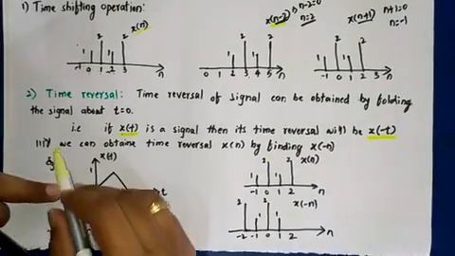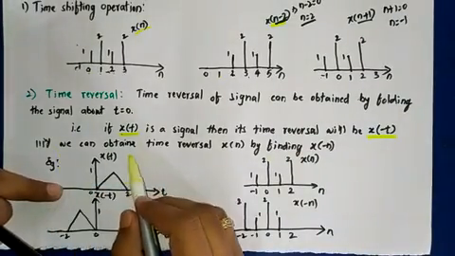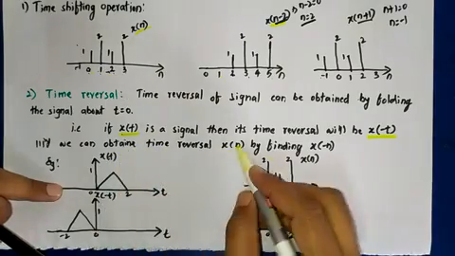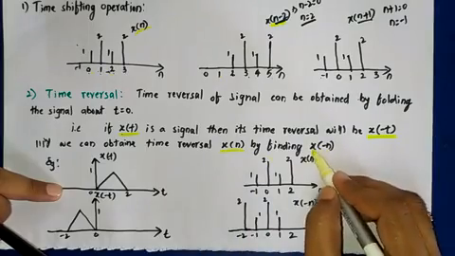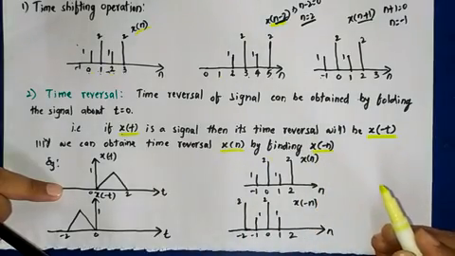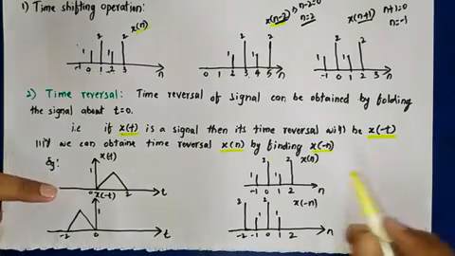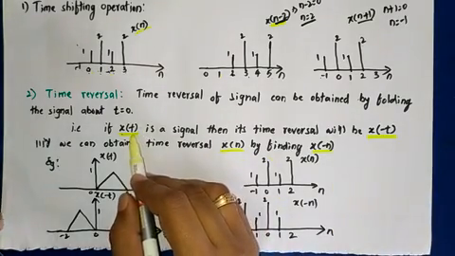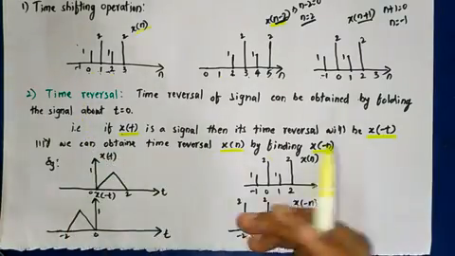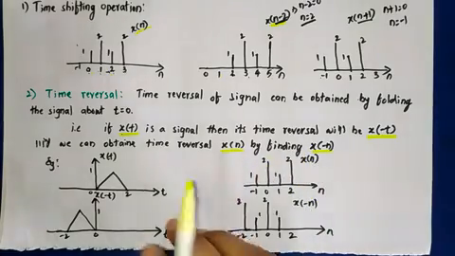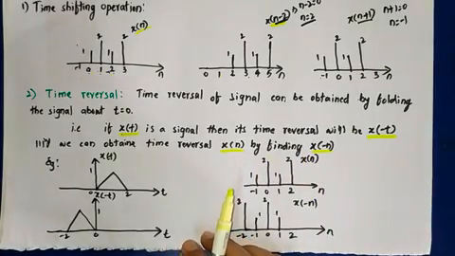Similarly, we can understand for the DT signal, that is, time reversal of x of n can be obtained by finding x of minus n. So replace whatever the values of t in the original signal with minus t, that's the reversal. We will understand this by taking some examples here.